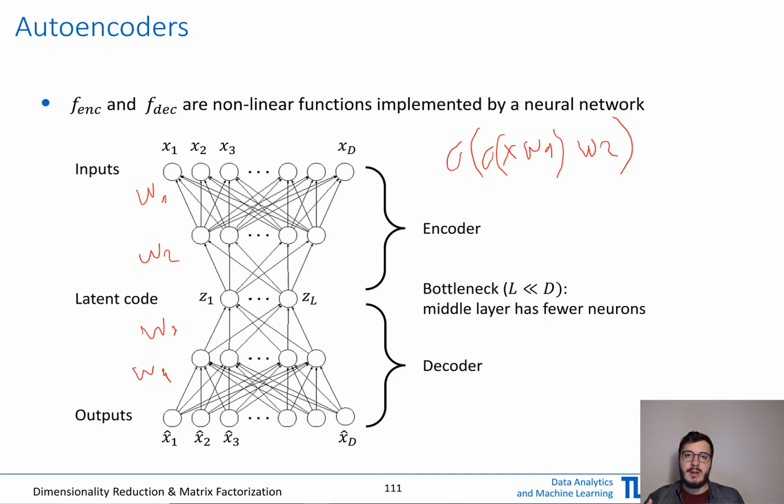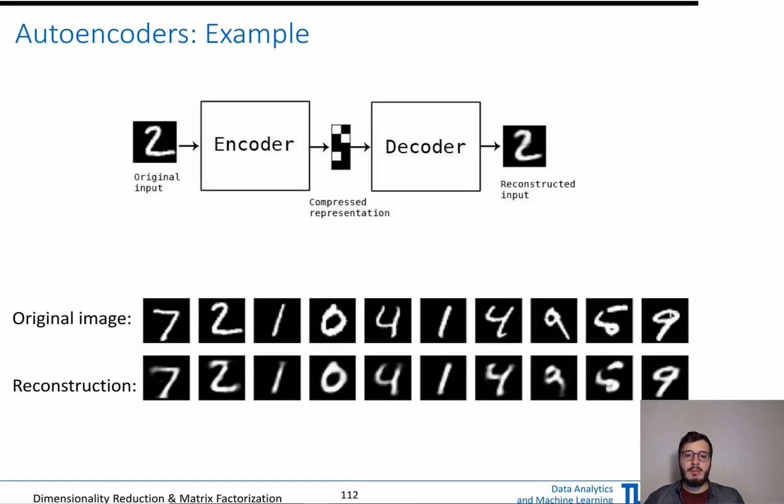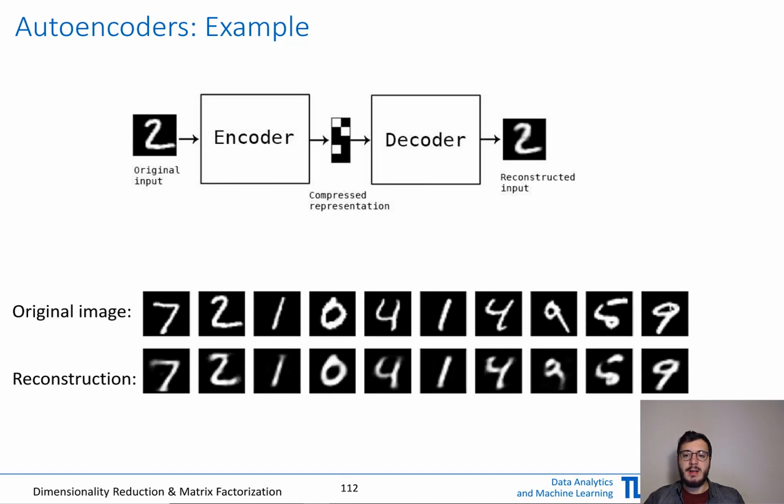We just apply standard gradient descent, and the way this looks on real data is something like what is shown on the slides. So here we're working with the MNIST data, which we have mentioned before, which is just a data set of handwritten images.